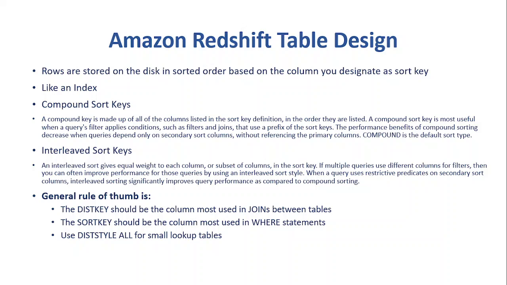Even distribution is the other thing I use a lot, where I can't find a good key, I'll basically distribute evenly. Second, the sort key should be the column mostly used in your where statements, and use dist style all for small lookup and reference tables. That's my general rule of thumb. It doesn't go well in all situations, but I found that in 80% of cases this works fine. So keep this in mind.